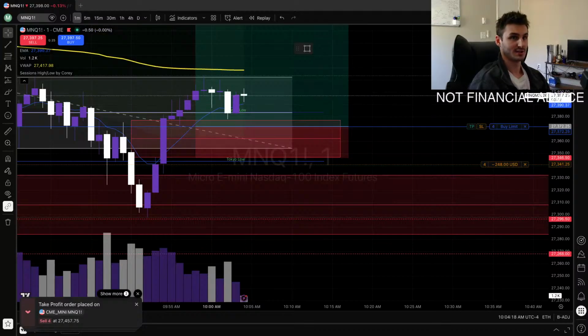My order is in though. That is an order-in trade. So basically, if we enter this gap again, I will be getting filled, because I want to fill that hourly.